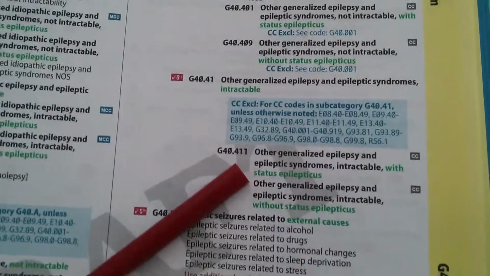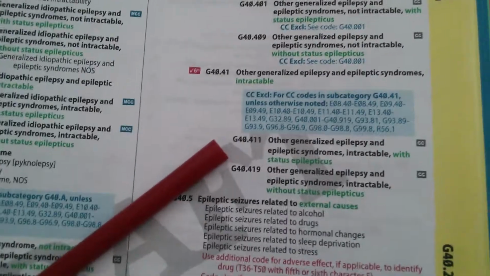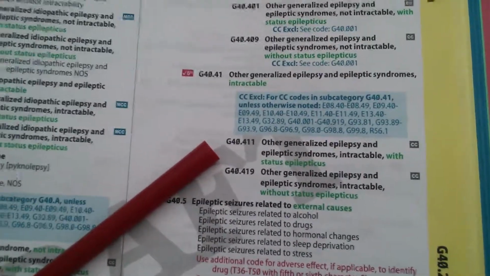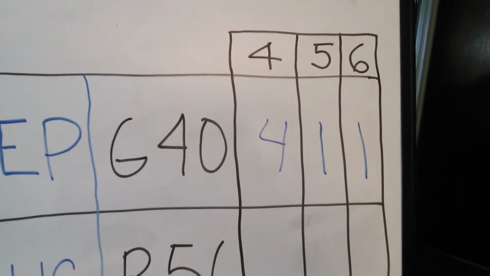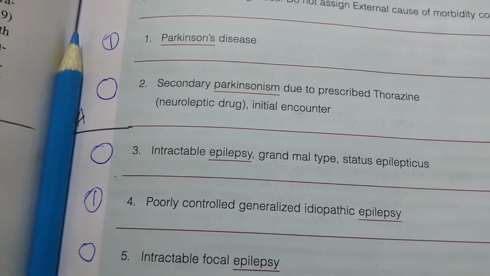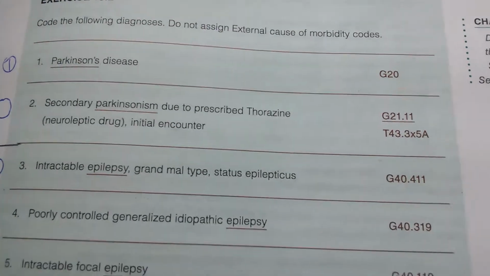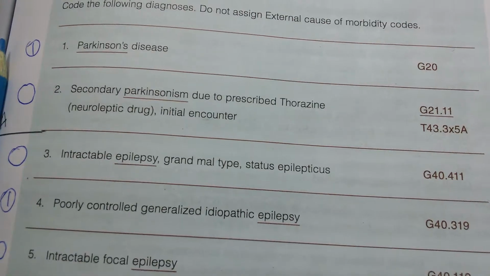It has epilepsy, it has grand mal, it has intractable, and it has status epilepticus. So that is our code. G40.411. And we tested with the answer of the book: intractable epilepsy, grand mal type, status epilepticus, and that is the answer that we were looking for, G40.411.